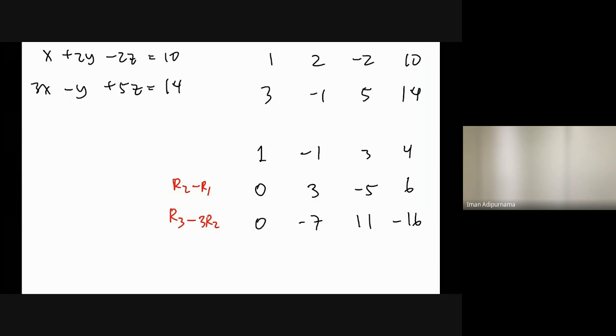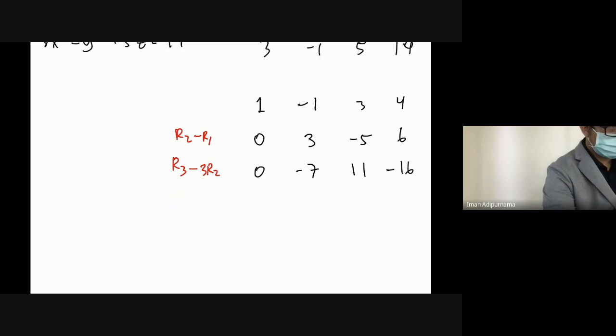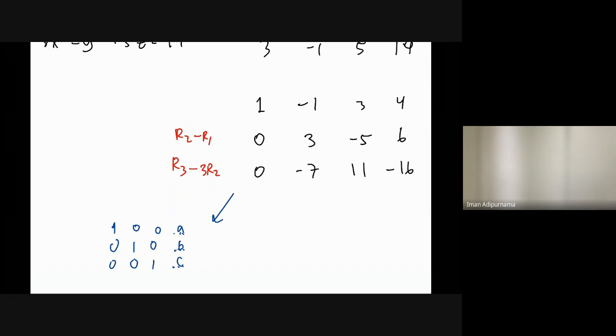And if you imagine that if we have this kind of form, 1, 1, 1, and then a constant here, we will have exactly the solution for z, solution for y, solution for x.